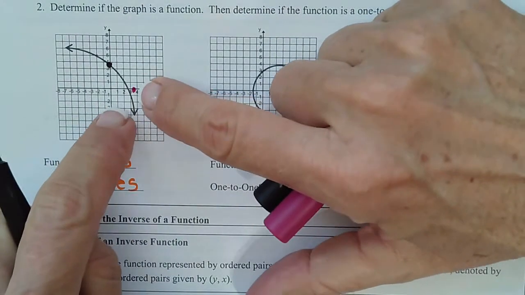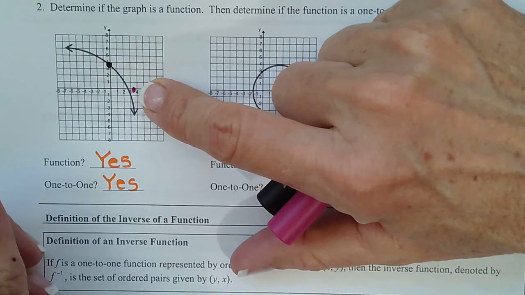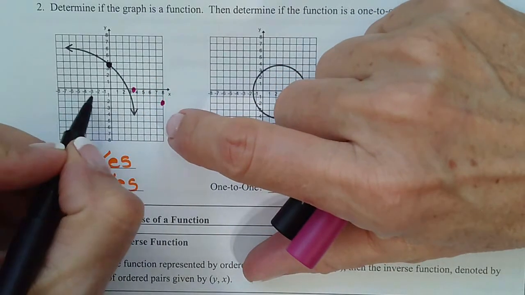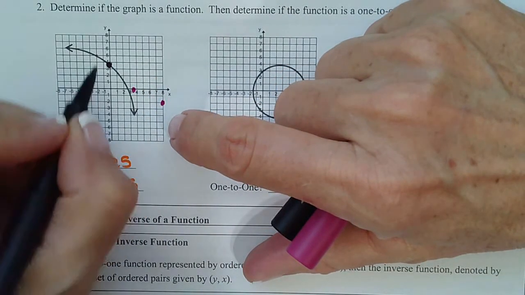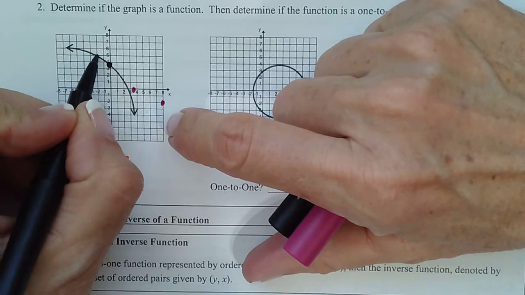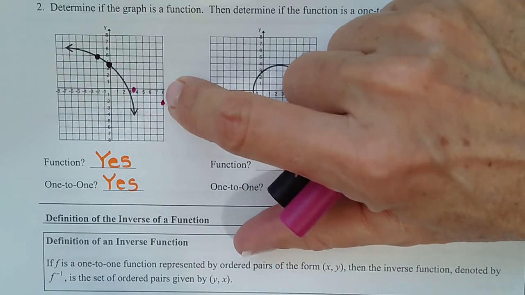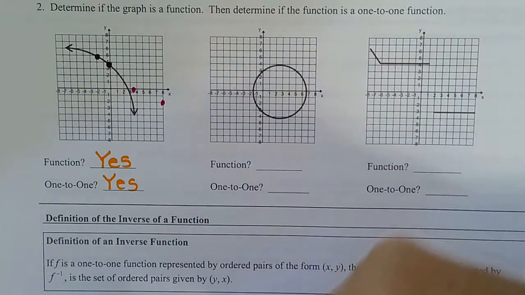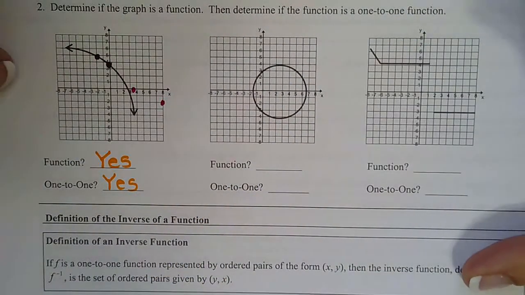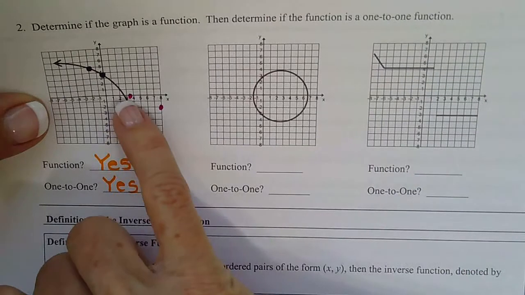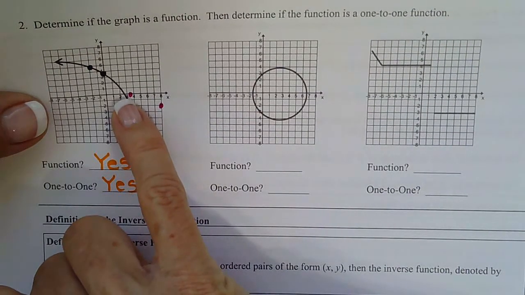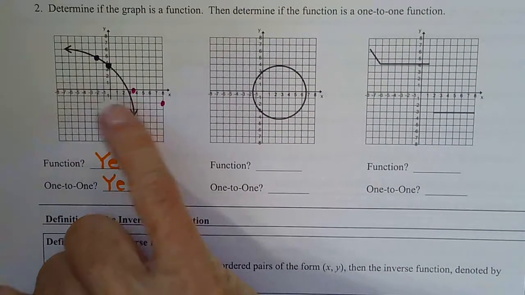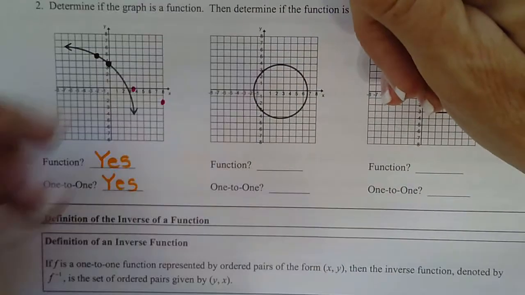So that means this is 3.5, 0. And then this is -2, 6. So this point 6, -2. What is this point? This point's about 2.5, 0. So let's do 0, 2.5.